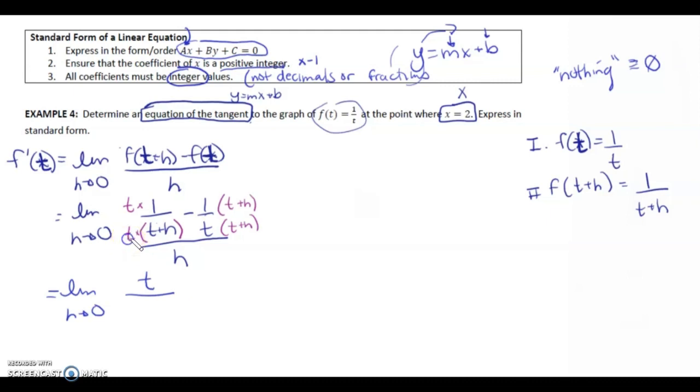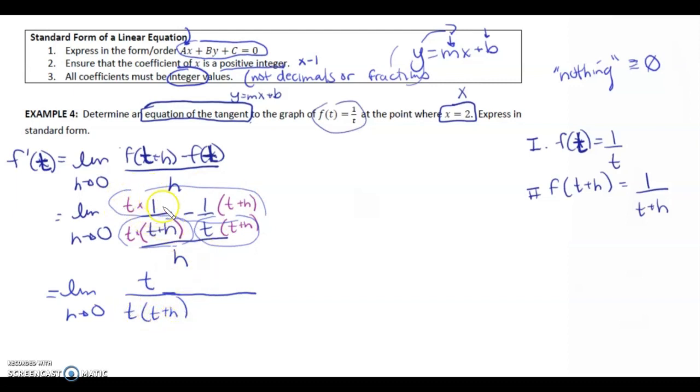I'm just going to put t bracket t plus h.